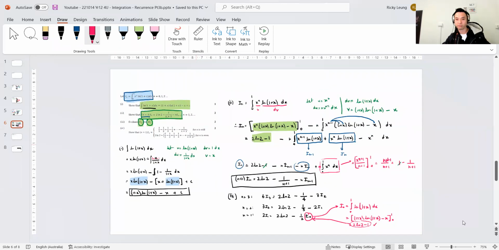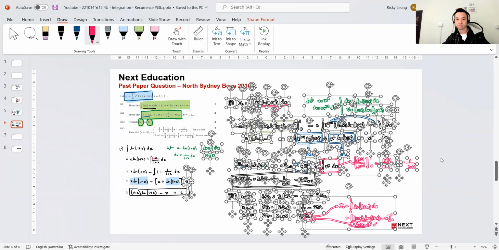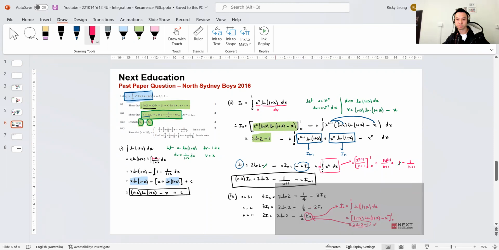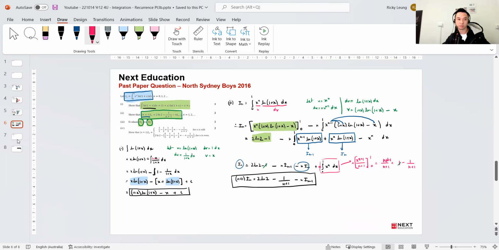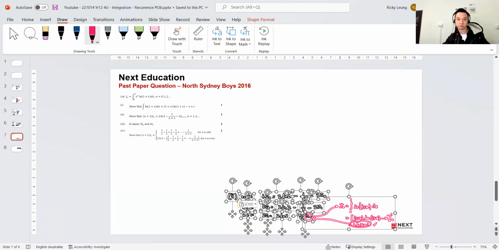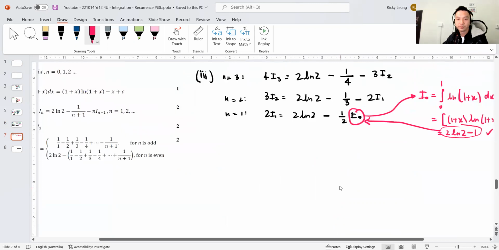I don't have any more vertical space, so you know what? Let's not try to squeeze. I'll move this into the next page. Okay. Sub it in. So therefore 2I1 equals 2 ln 2 minus a half.